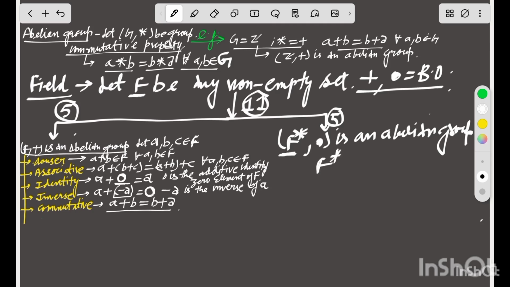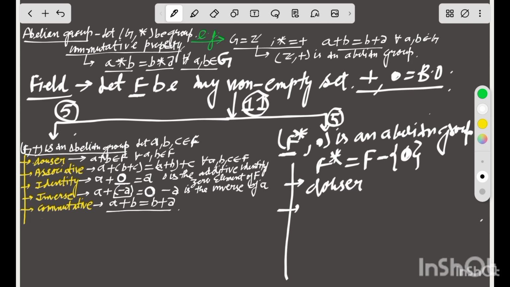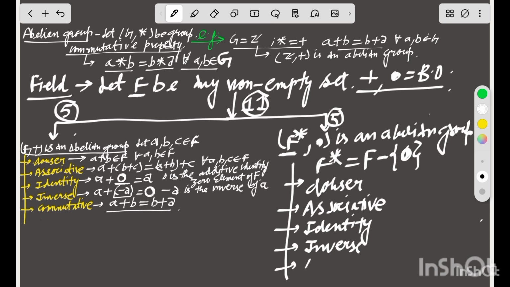F star is all the elements of the set F excluding one element, and that element is the 0 element or the additive identity of the set F. So what are the 5 properties? Same. First is closure. Second is associative. Third is identity. Fourth is inverse. And then commutative.